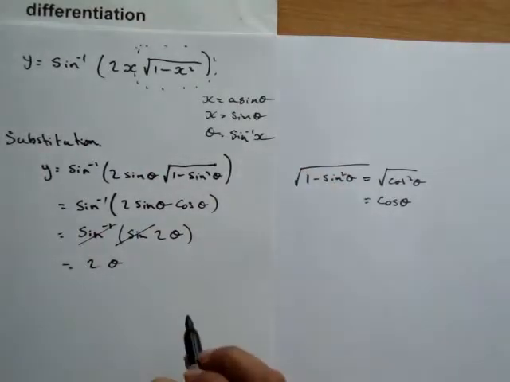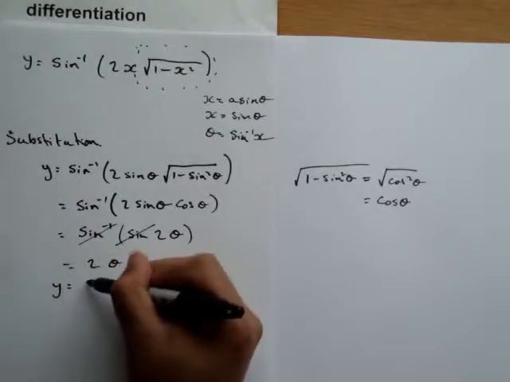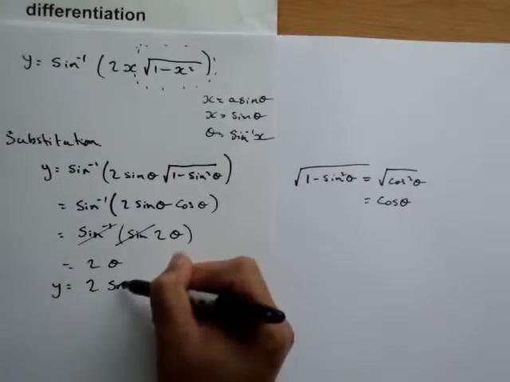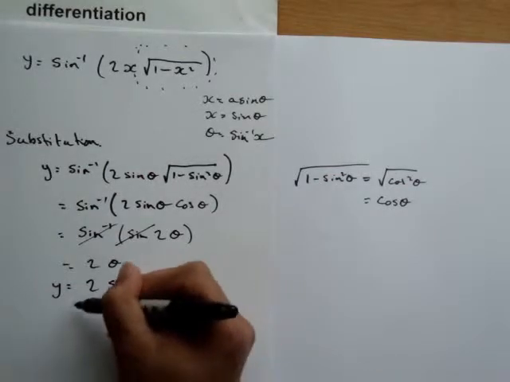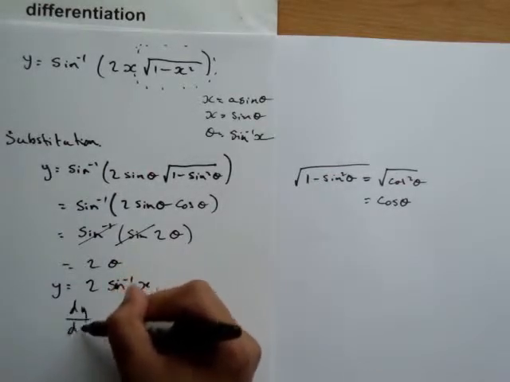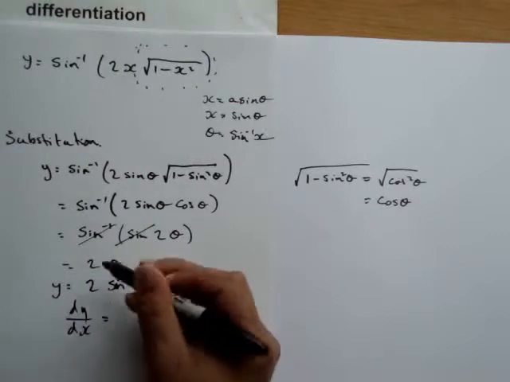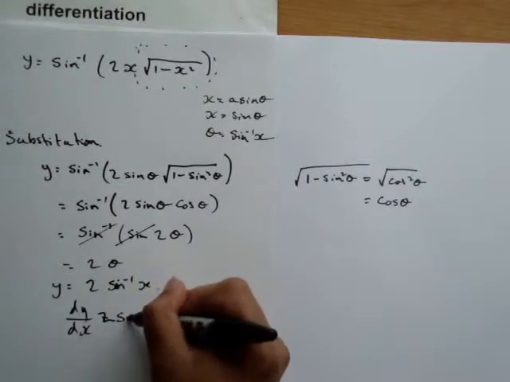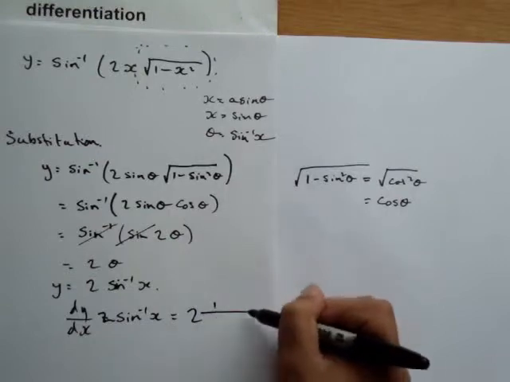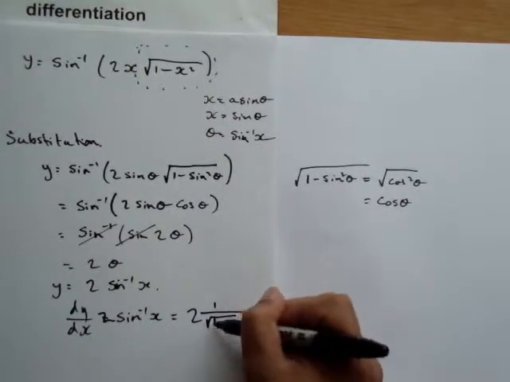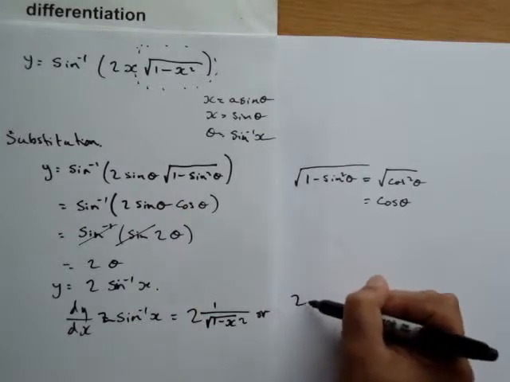Theta we know is inverse sine of x, so y equals 2 inverse sine x. So dy by dx of 2 inverse sine x is 2 times 1 over the square root of 1 minus x squared, or 2 over the square root of 1 minus x squared.